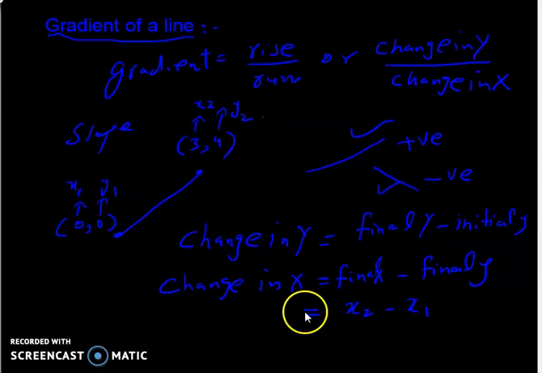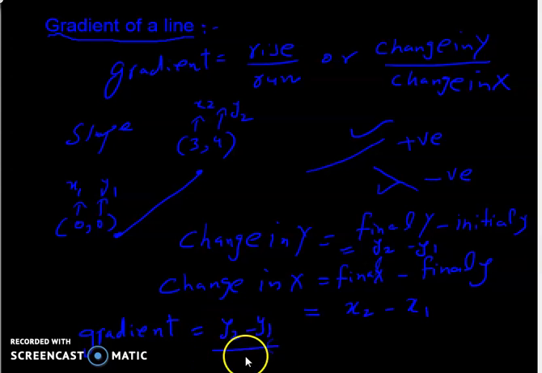So change in y will be y2 minus y1. Using that rule, if I come to the formula of gradient, the gradient will be equal to y2 minus y1 over x2 minus x1.